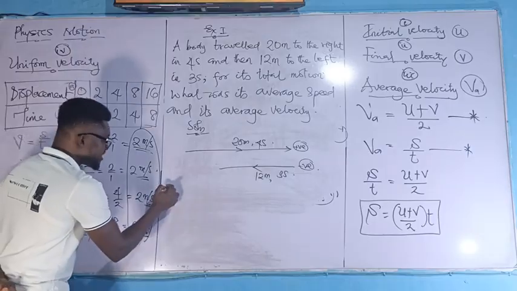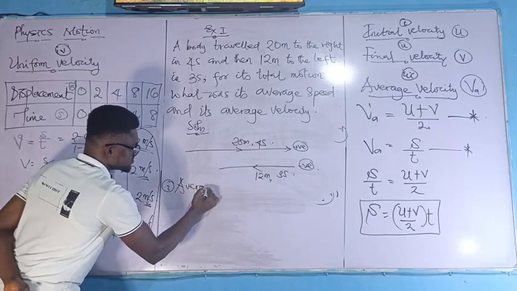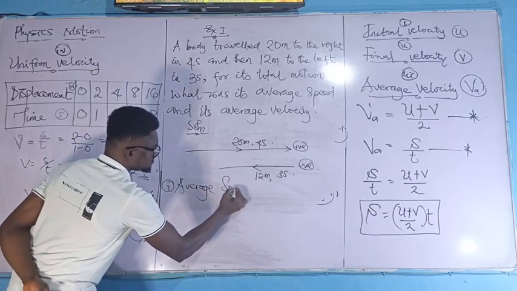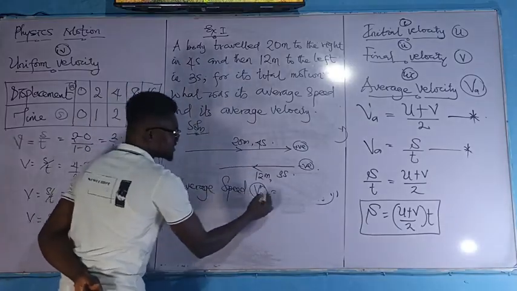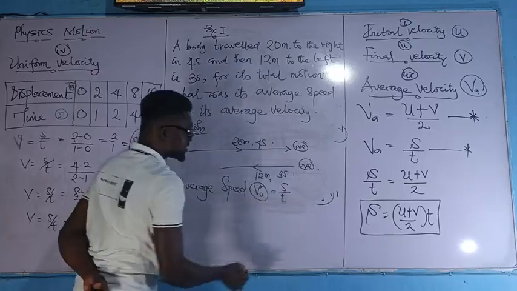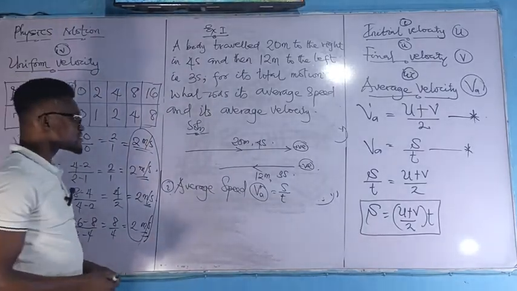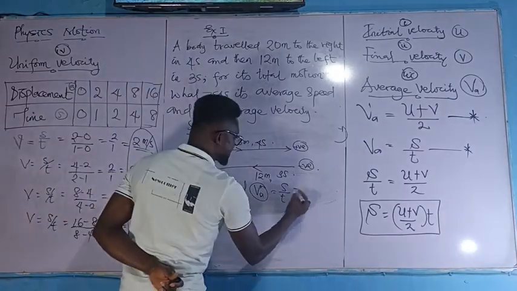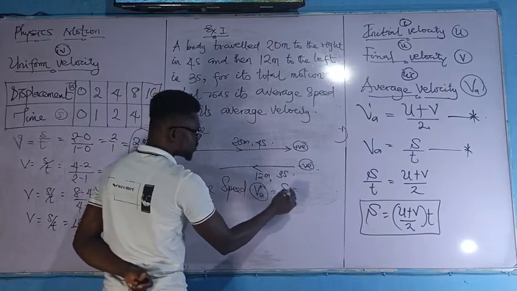Now, the very first exercise, which is average speed. Average speed is the total distance over total time. Here, our total distance is 20 plus 12.